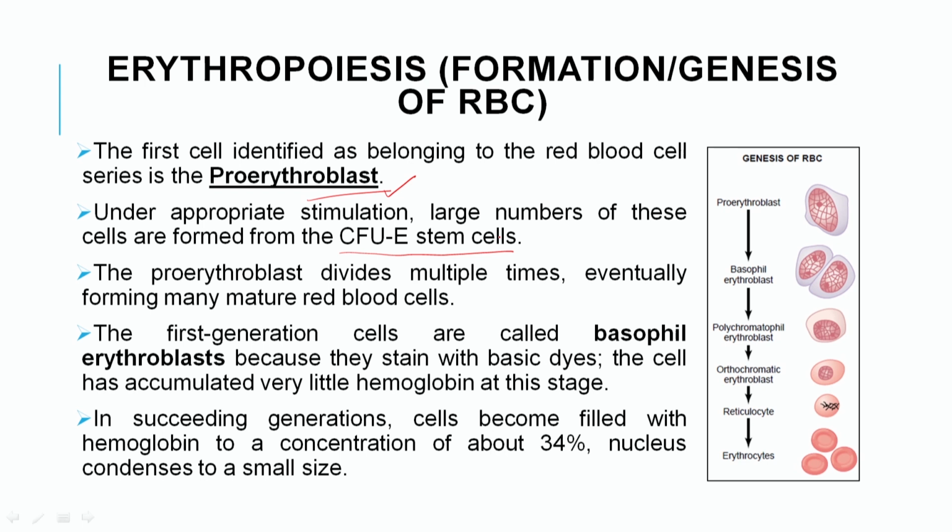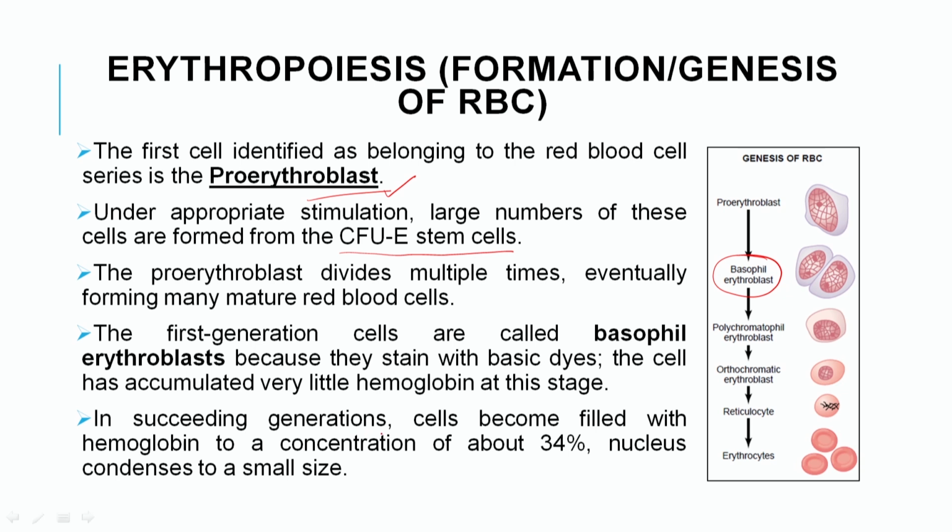The first generation cells are called basophil erythroblasts, because they stain with the basic dye. The cells have accumulated very little hemoglobin at this stage.